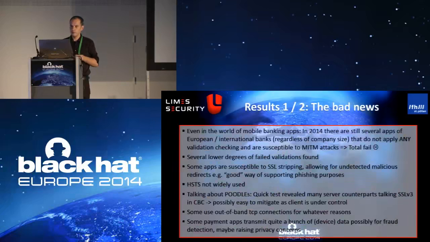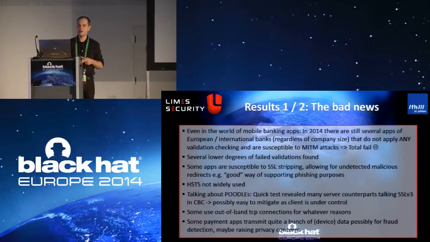The bad news about the results, so probably the bad news for you, I know everybody loves vulnerabilities, but we have made agreements with the banks that those who have not fixed them, and there's quite a bunch of them, we won't name anybody, not on the positive side and not on the negative side.